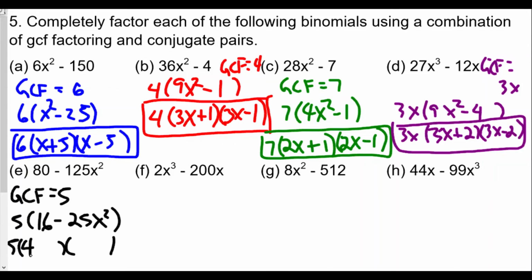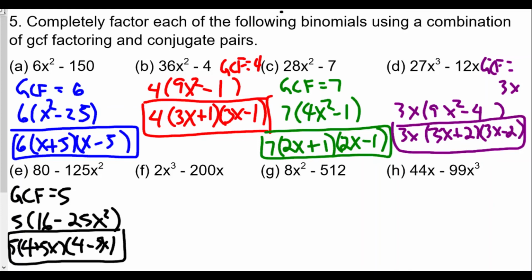Remember that first number goes in the first space for each one. And the square root of 25x squared is 5x. So we have, in this case, 5x in the end. So we're going to get 5 times 4 plus 5x. Oops, I put plus twice. Sorry about that. It should be 5 times 4 plus 5x times 4 minus 5x.